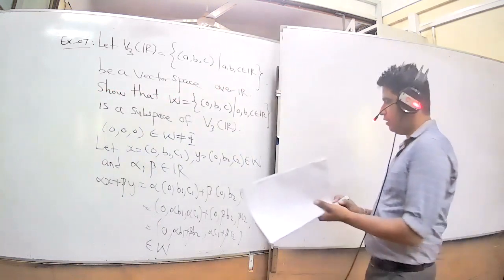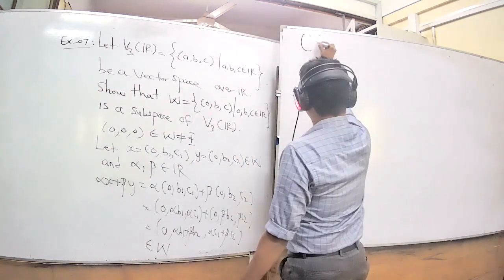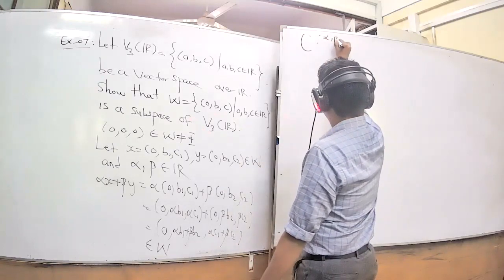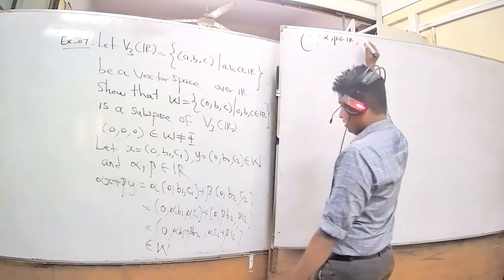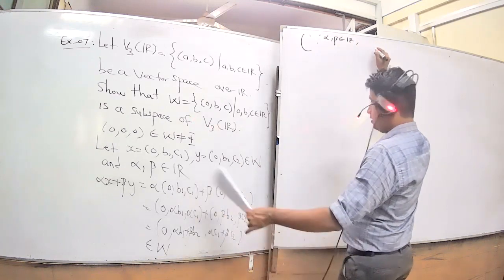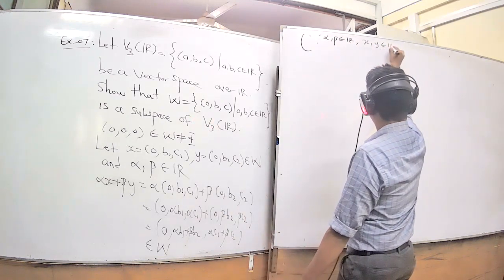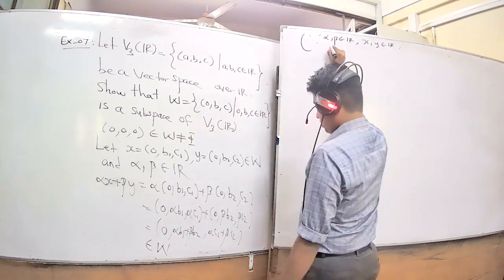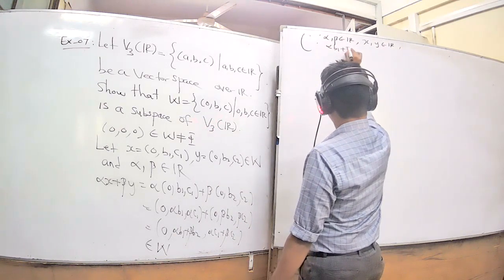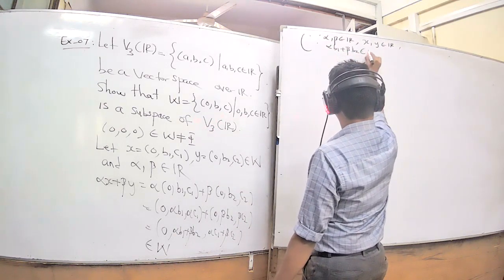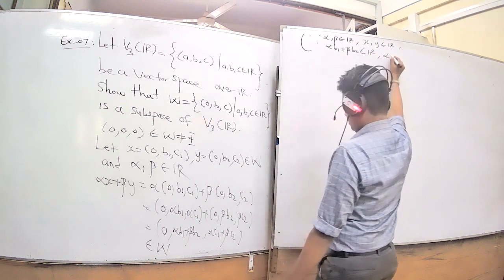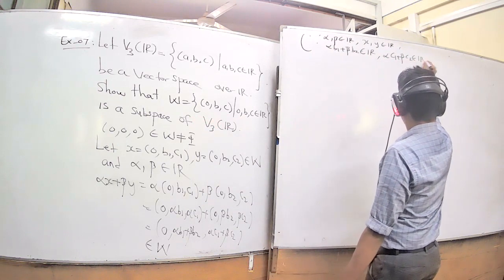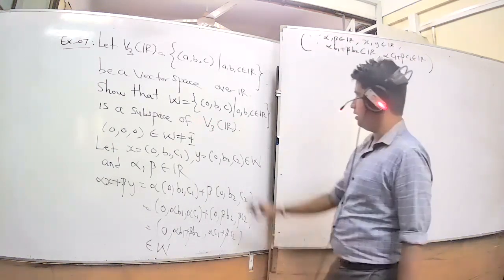Because alpha, beta belong to real, and b1, b2 belong to real. So alpha b1 plus beta b2 also belongs to real, and alpha c1 plus beta c2 also belongs to real, therefore it is one of the elements of this set.